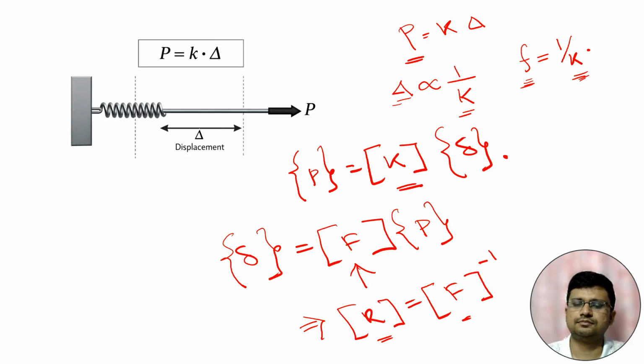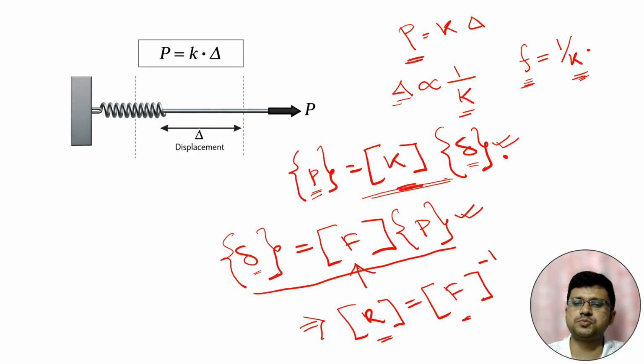But it is not all. There is one basic difference between these two concepts. When we are determining the flexibility matrix, we apply force at different nodes, and by applying force at different nodes, we measure the displacement. But when we go for the stiffness matrix, in this approach we apply displacement at different nodes and then measure the nodal reaction force.